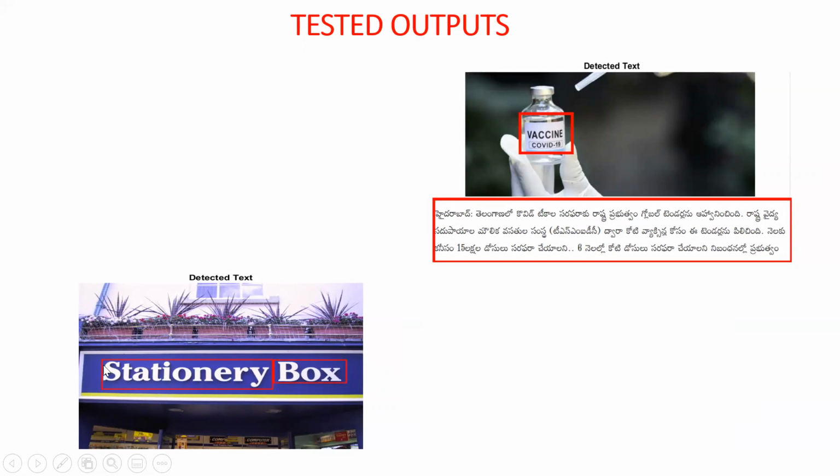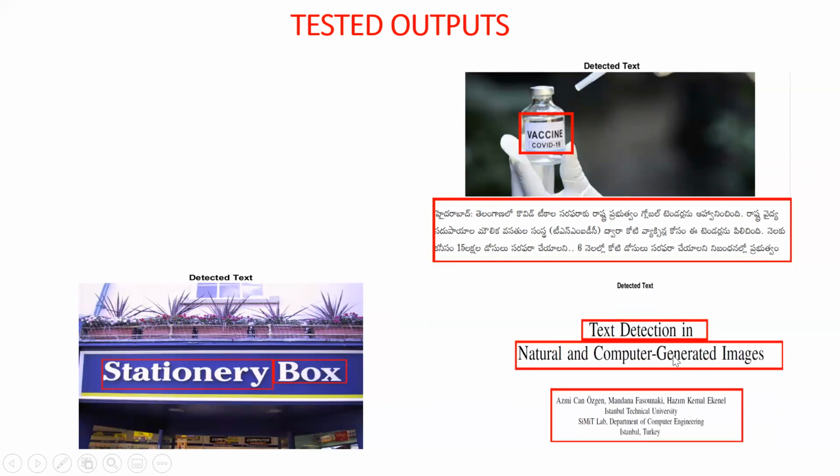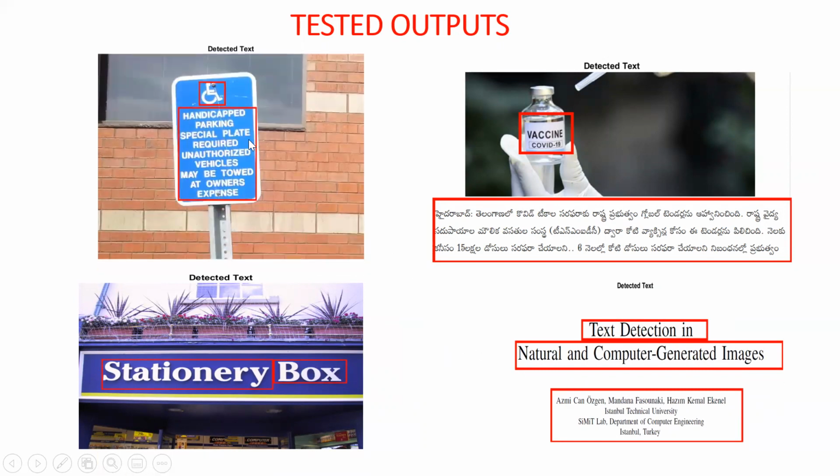We have identified the shop name. And this is the textbook image. Here we identified the words and the paragraphs in that textbook. This is another image. We have identified the whole text, this whole paragraph, in this image.